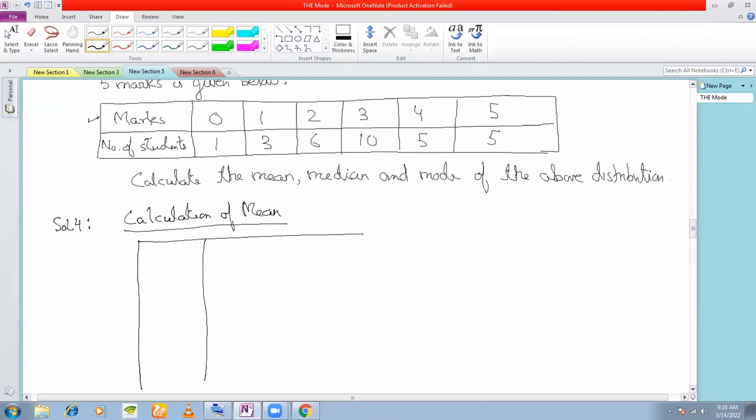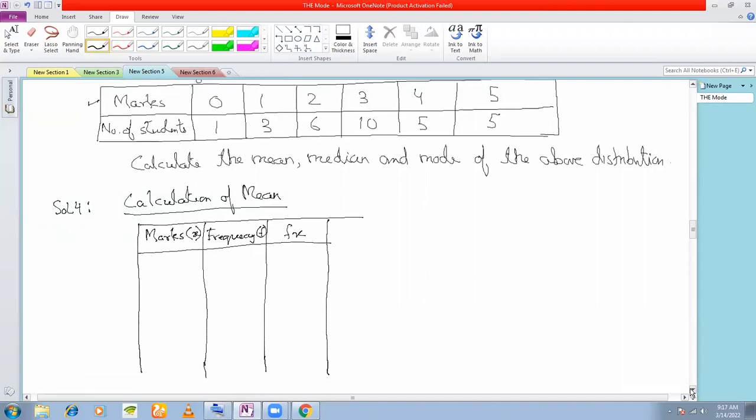The first column will be for marks, which is X. The next column will be for frequency, which is F. Once the two columns have been done, the third column will be for Fx.